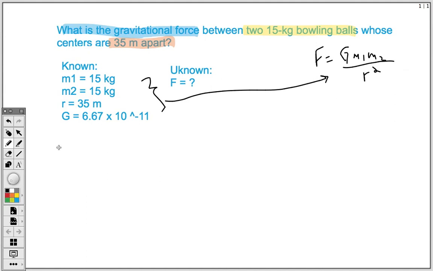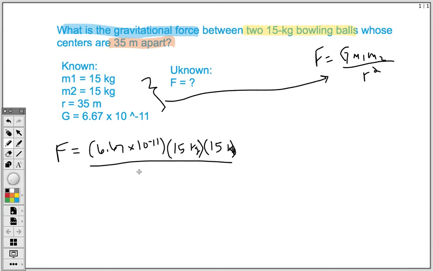So here's what that's going to look like. The force is equal to our constant, 6.67 times 10 to the negative 11th, multiplied by our two objects, which are 15 kilograms each, and we're going to divide that all by our radius, which is 35 meters squared.